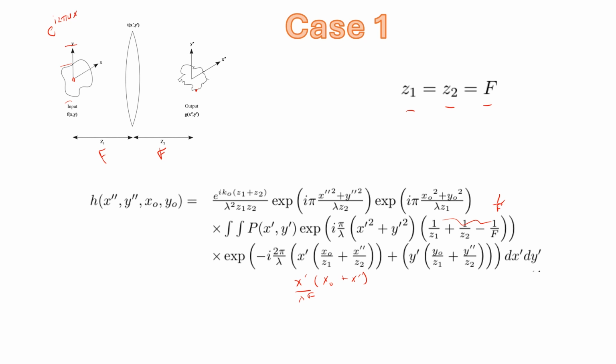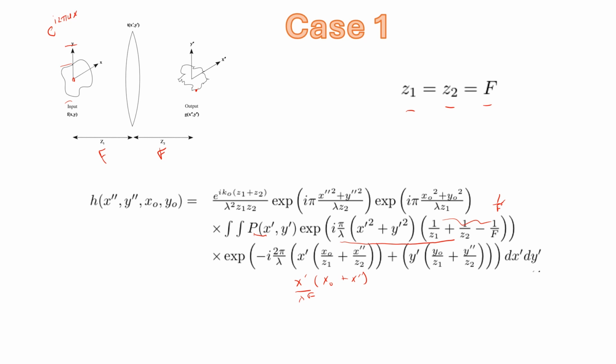That's a Fourier transform kernel, with the frequency here being x naught plus x double prime over lambda f. This is a Fresnel kernel. So we have a term in x prime squared and y prime squared times some constant, but the proportionality to the quadratic form is a Fresnel kernel. So if we ignore this pupil function, this is a Fourier transform of the Fresnel kernel.